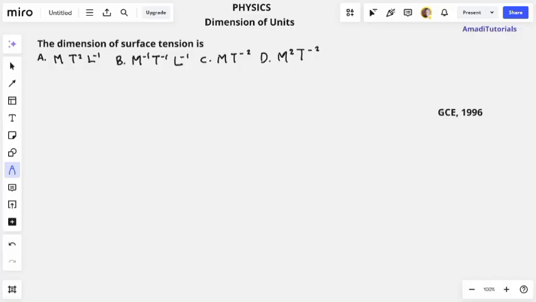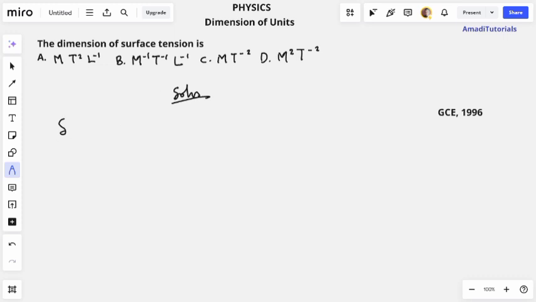Alright, welcome. In 1996, under dimension of units, or you can say dimension of a physical quantity or dimensional unit. The dimension of surface tension is, so we should find the dimension for surface tension.